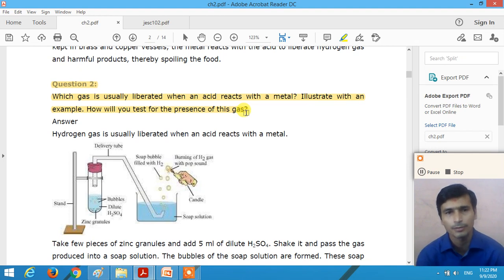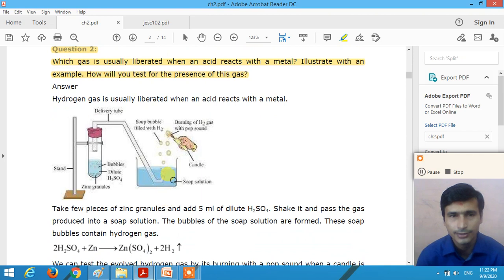And how can we test the presence of hydrogen gas? The presence of hydrogen gas can be tested with the help of the pop test. When a burning candle is placed near hydrogen gas, it burns with a pop sound. This test is known as the pop sound test, right? So understand, hydrogen gas is usually liberated when an acid reacts with a metal.